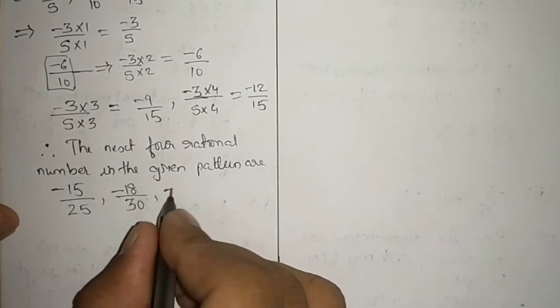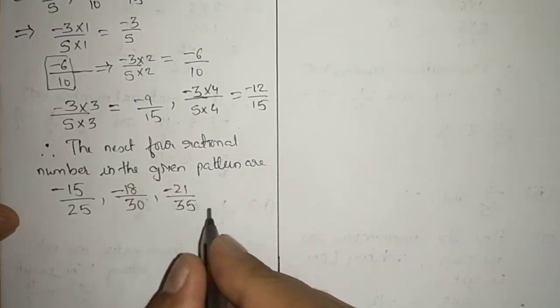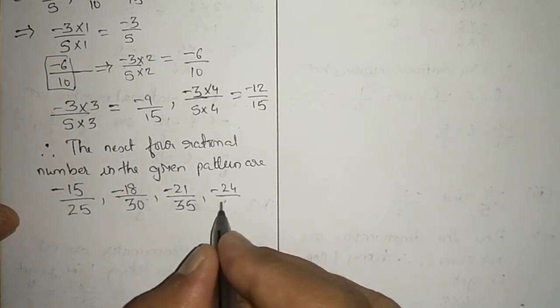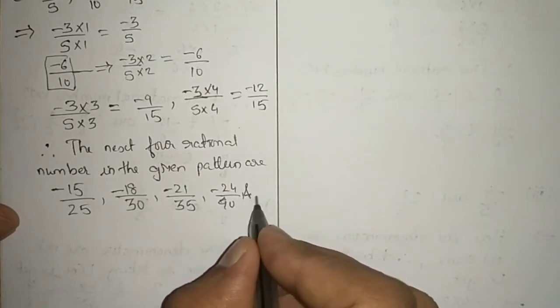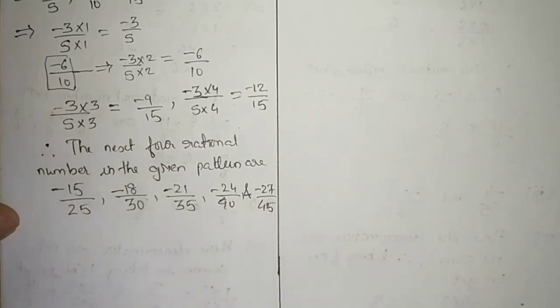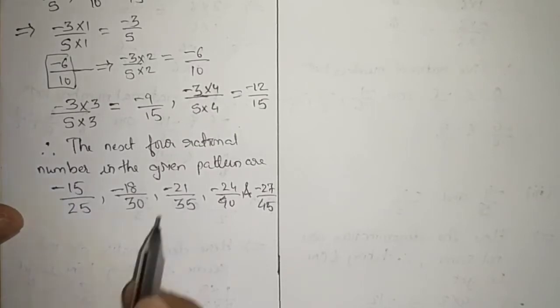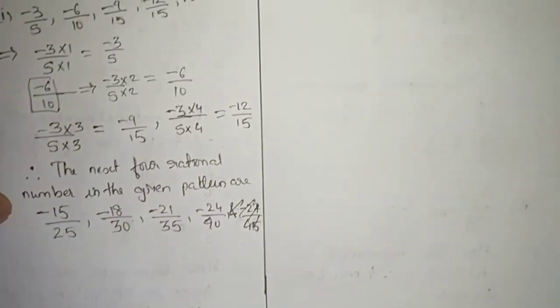Then minus 21 divided by 35 because multiply by 7 and 7, minus 24 by 40 and minus 27 by 45 are our rational numbers. Hope you have understood how I have got these numbers. So they have told us to find only 4, so this is the extra one.